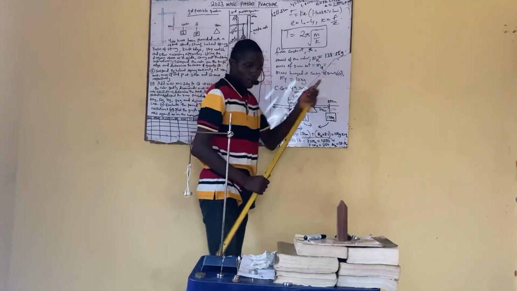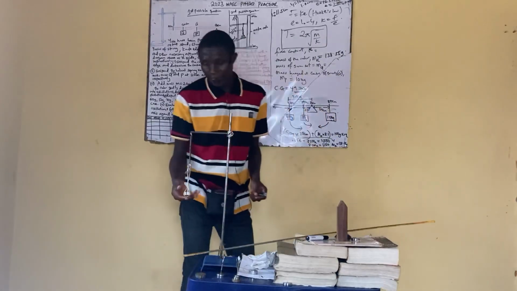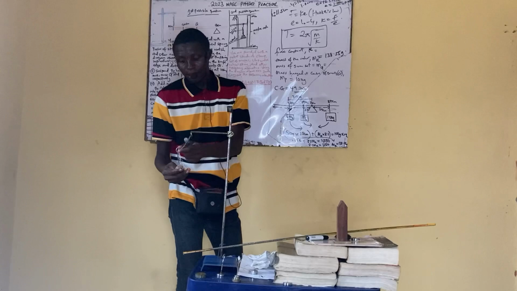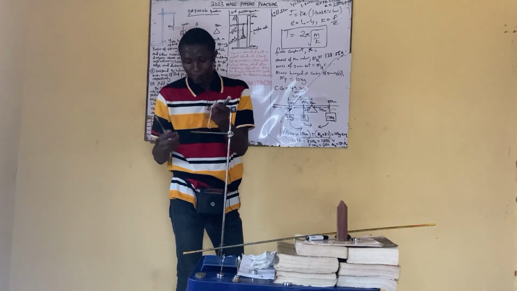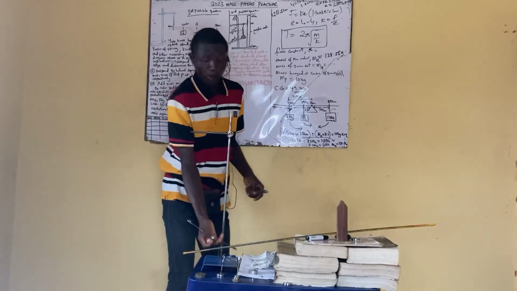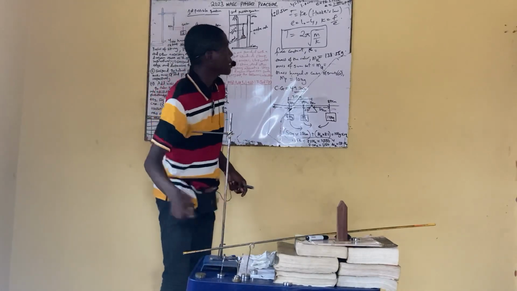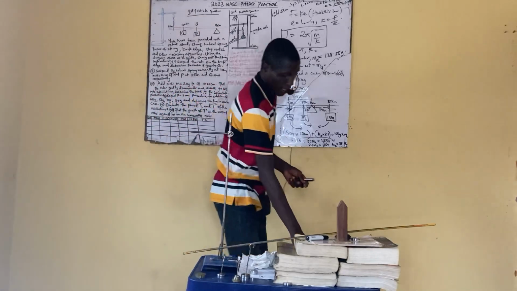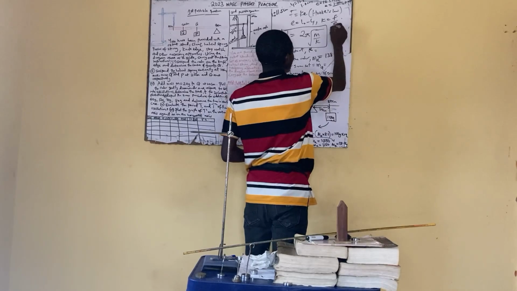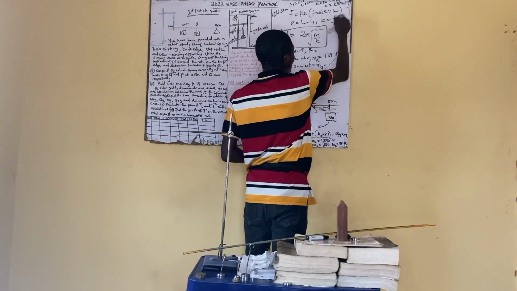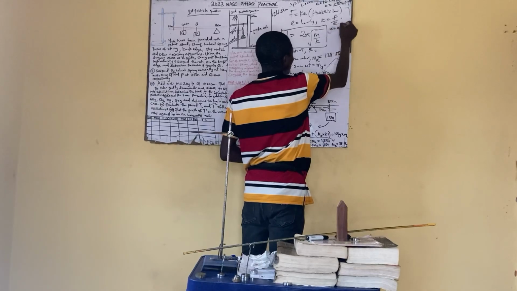The mass we are handling here is 100 gram. If I'm going to use force over extension, the mass here is 100 gram, so we divide by 1000 to convert to kilograms. We are using Hooke's law. The extension is equal to 0.01 meter.